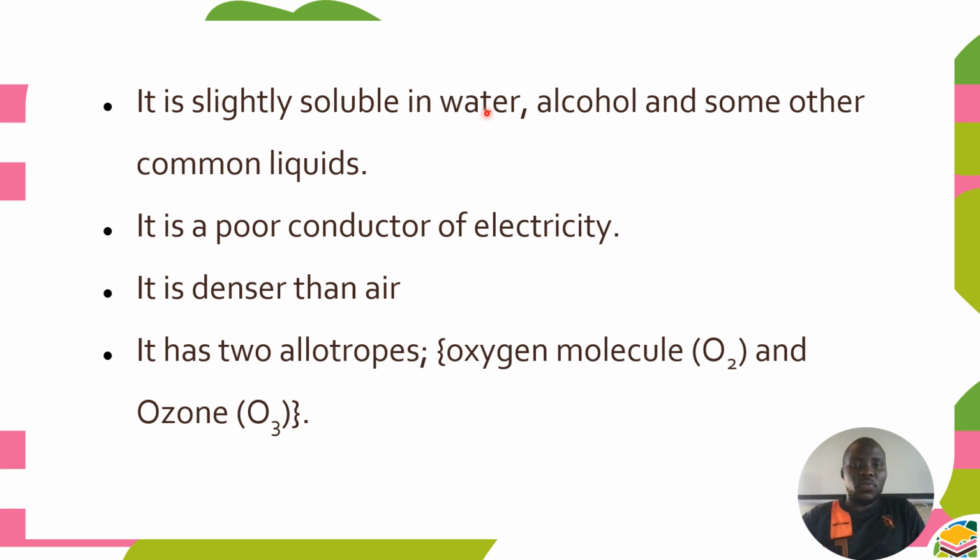It is slightly soluble in water, alcohol, and some other common liquids. It is a poor conductor of heat and electricity, which means it does not conduct electricity. It is denser than air. It has 2 allotropes, that is oxygen molecule and ozone.